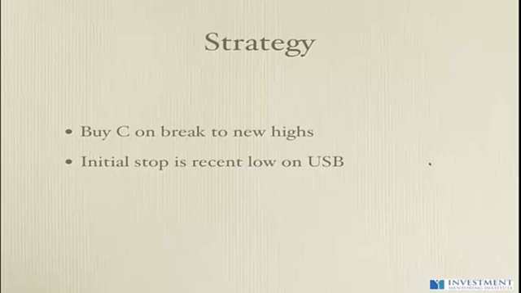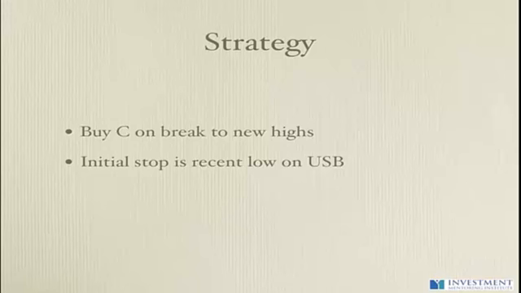The market breaks yesterday's low on USB, and now I get short USB. So what I've done is what's called legged into the strategy. I bought one leg, Citibank, and then I sold USB after that. So now I've got on my Citibank USB trade, which I said was my initial idea of the trade.